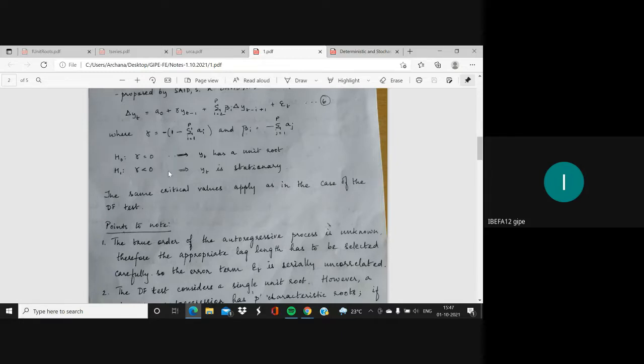And the critical values are also such that if the value of the test statistic that you have got, the t statistic from your regression, is greater than the critical value, which means that if it is more negative than your critical value, then you will reject the null hypothesis. Otherwise, you will fail to reject the null hypothesis. Now the same critical values apply as in the case of the Dickey-Fuller test.